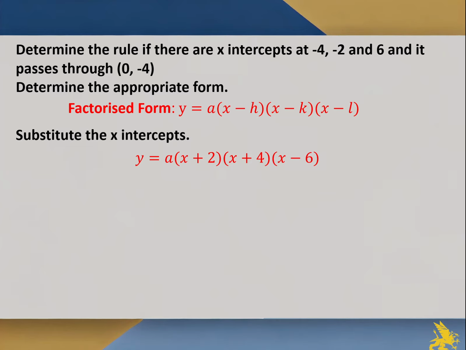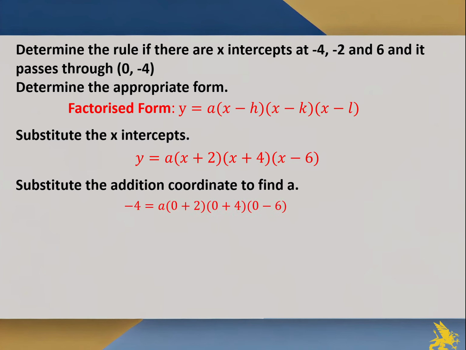The final thing I need to do is find a. To find a, we need to use the final coordinate, (0, -4). If we plug that in, we will be able to find our a value. I can simplify this to a times 2 times 4 times -6. 2 times 4 times -6 is -48.